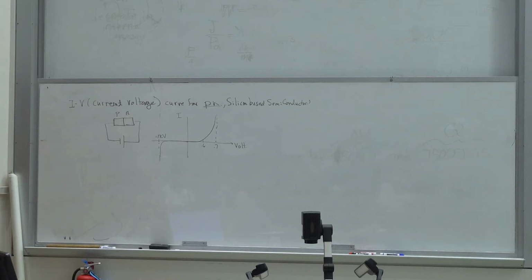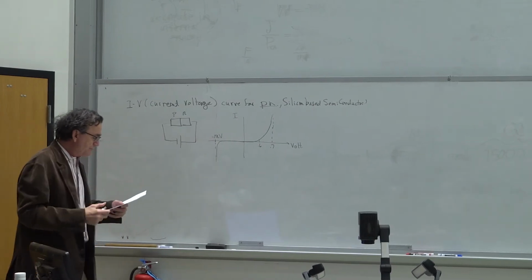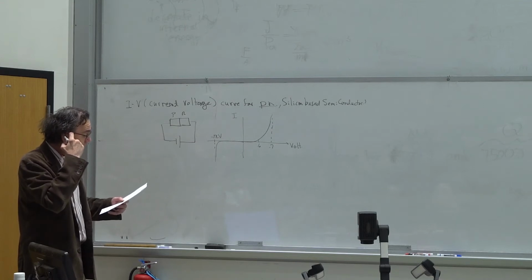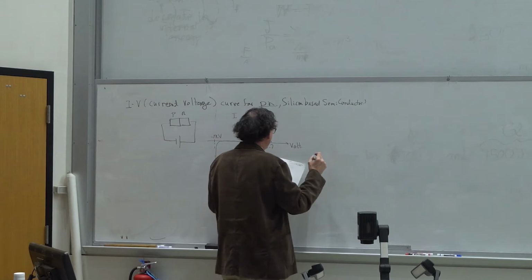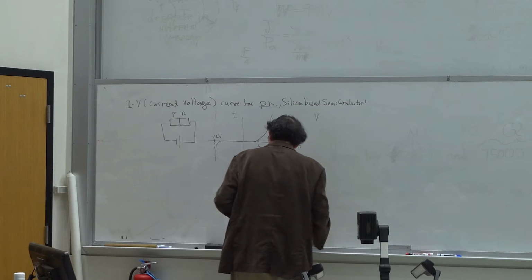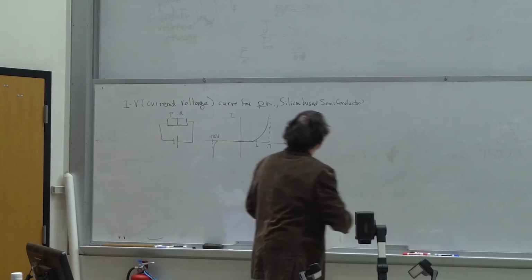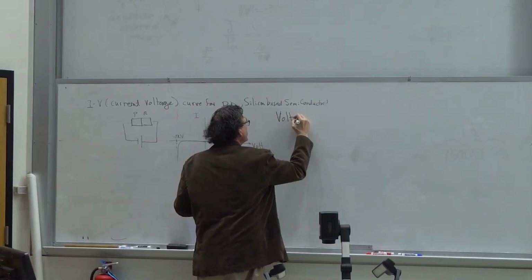Now what we want to do is talk about some of the applications for the diode. One of the first ones mentioned in your chapter reading is the use of diodes for rectifiers, what we call voltage rectifiers.